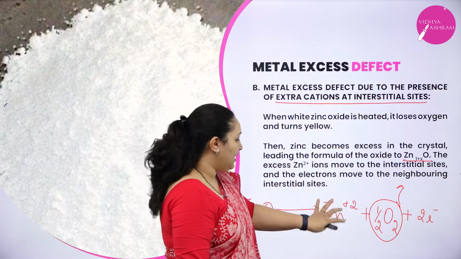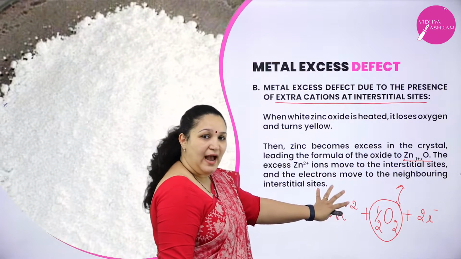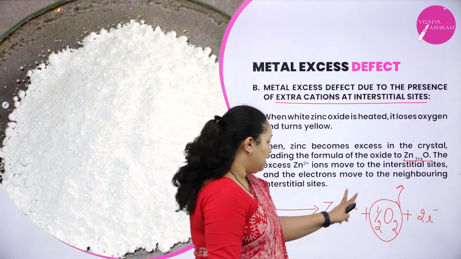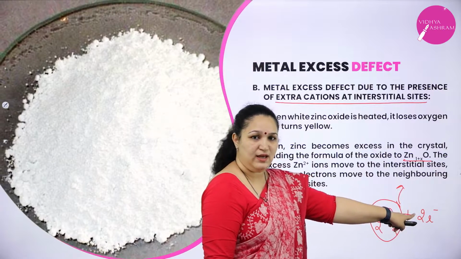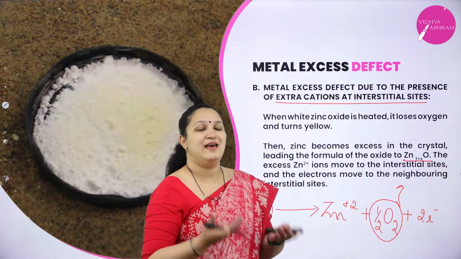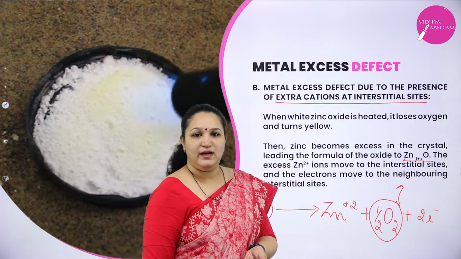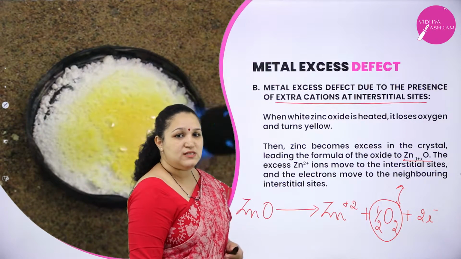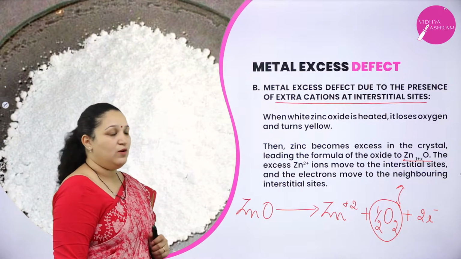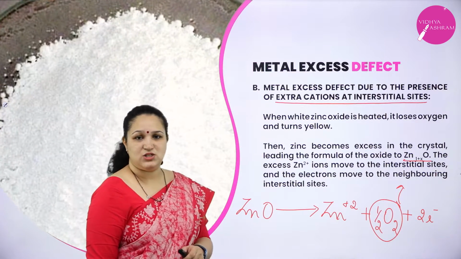These zinc ions will go to the interstitial site, and these electrons also will go into the interstitial site. See here, 2 electrons are there. So electrical neutrality is maintained, but there are extra zinc ions in the interstitial site. So this is the defect due to extra cations in the interstitial site.